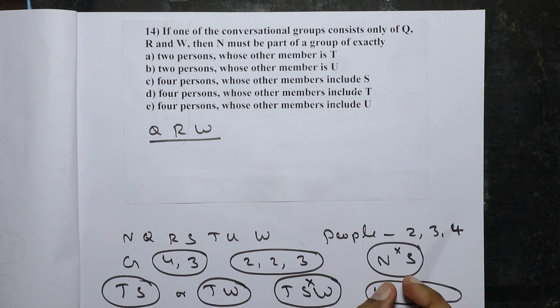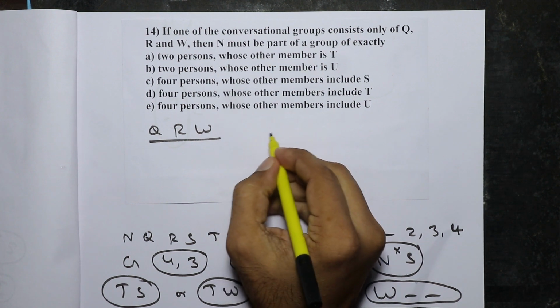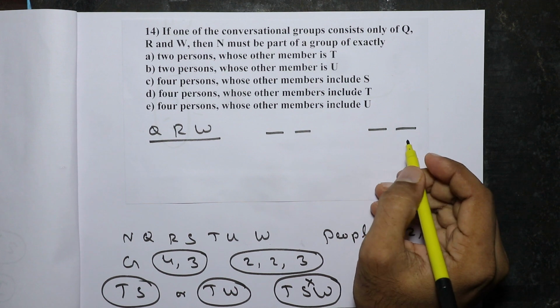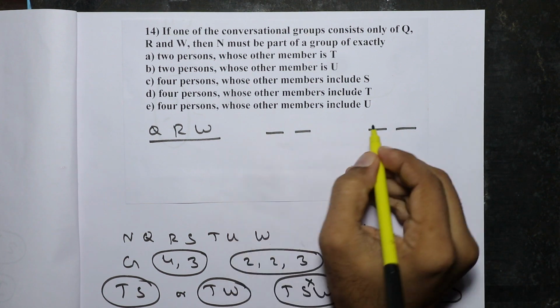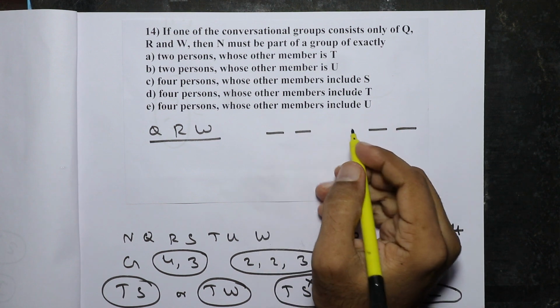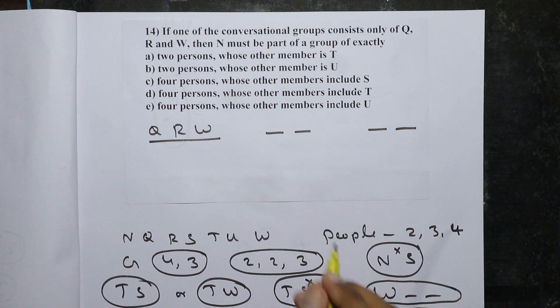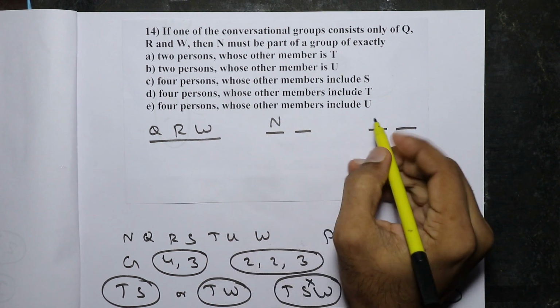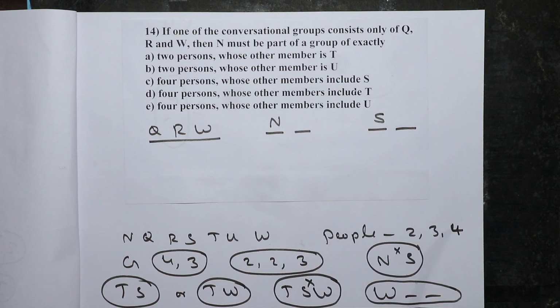N and S cannot be in the same group. So the only way out is that there should be 2 more groups, each with 2 people. In one group you will have N and in the other group you will have S. We cannot have another group of 4 members, because then both N and S would be in the same group, which is not allowed.